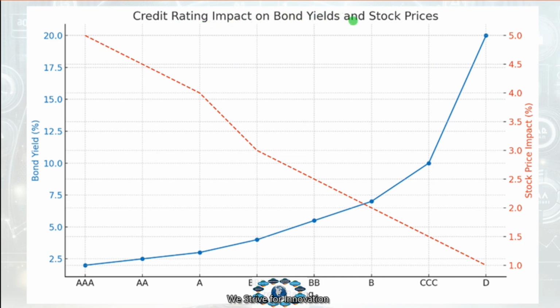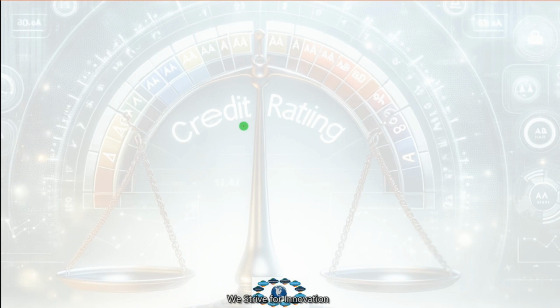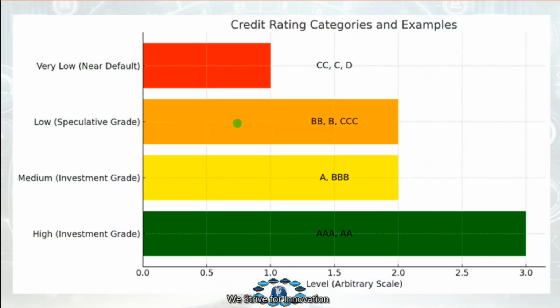Here is a chart just to give you an idea of the credit rating's impact on bond yield and stock prices, and how they interact according to the rating: AAA, AA, A, BBB, etc. Here you also have some visualization.